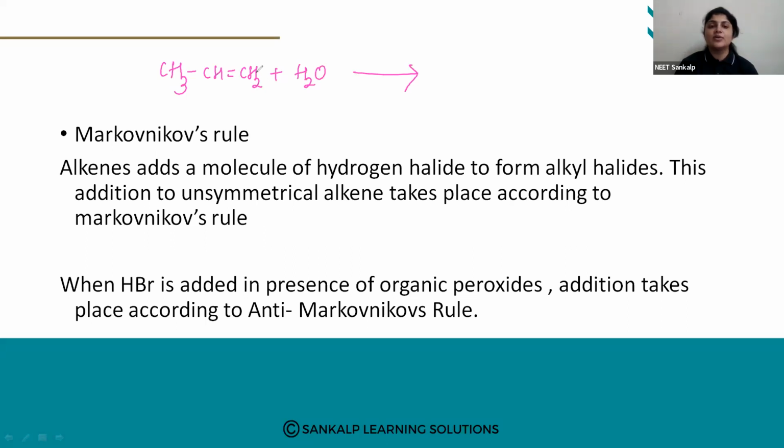Across the double bond, do they have the same number of carbon atoms? Here there are two carbon atoms, here there is only one carbon atom. So these are called unsymmetrical alkenes. Why are they unsymmetrical? If you break across the bond, there are not the same number of carbon atoms.